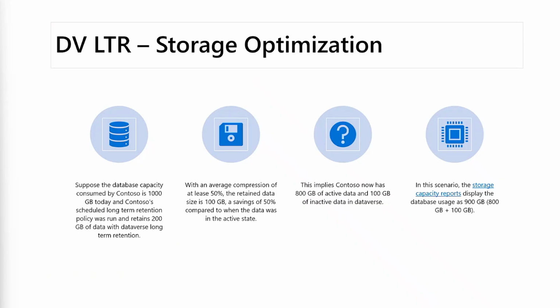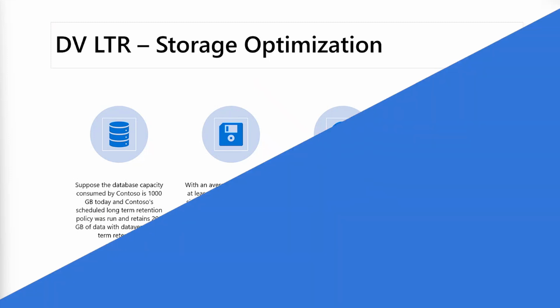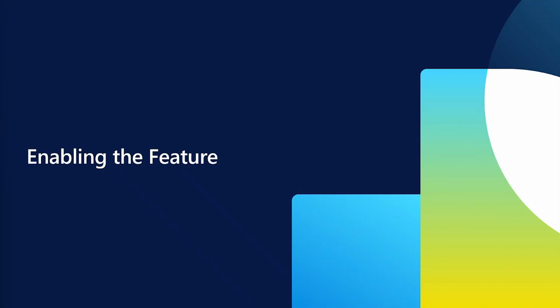Now imagine a real-time scenario where your customer has a lot more data, or they are setting a filter criteria which is moving a lot more than 200 gigabytes of records. In those scenarios, this saving will be significant for your customer. With that, let's talk more about enabling this feature. I will invite Gibran to talk about this.